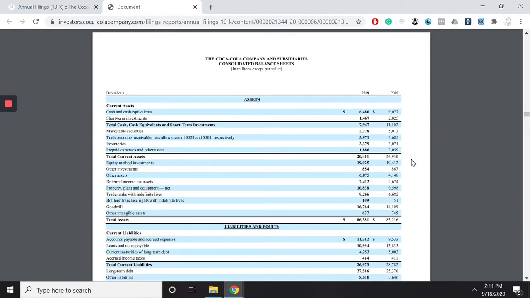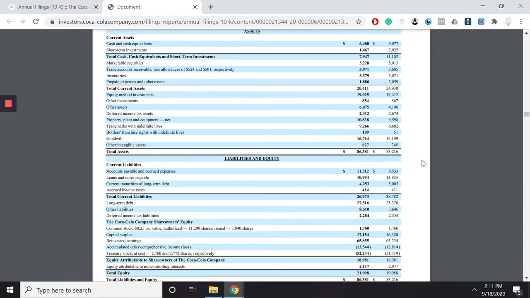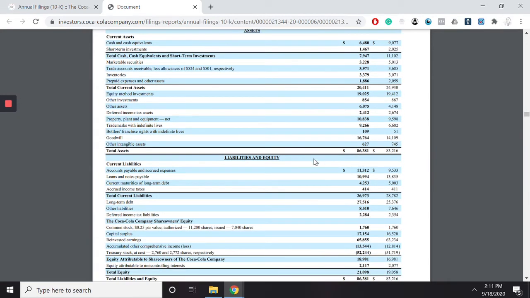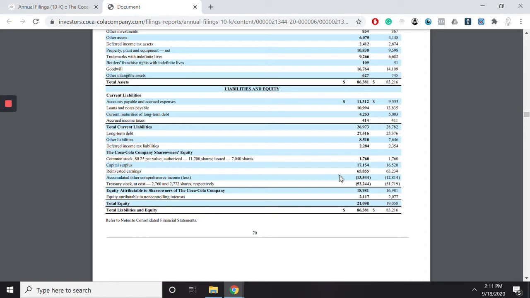Now, if you don't have a business background or you don't have an accounting background, that might sound confusing because you might be thinking, but they're not equal. Sometimes there are more assets than liabilities, and sometimes there's more liabilities than assets. So the way we get this balanced number is we take total assets and then we subtract total liabilities.